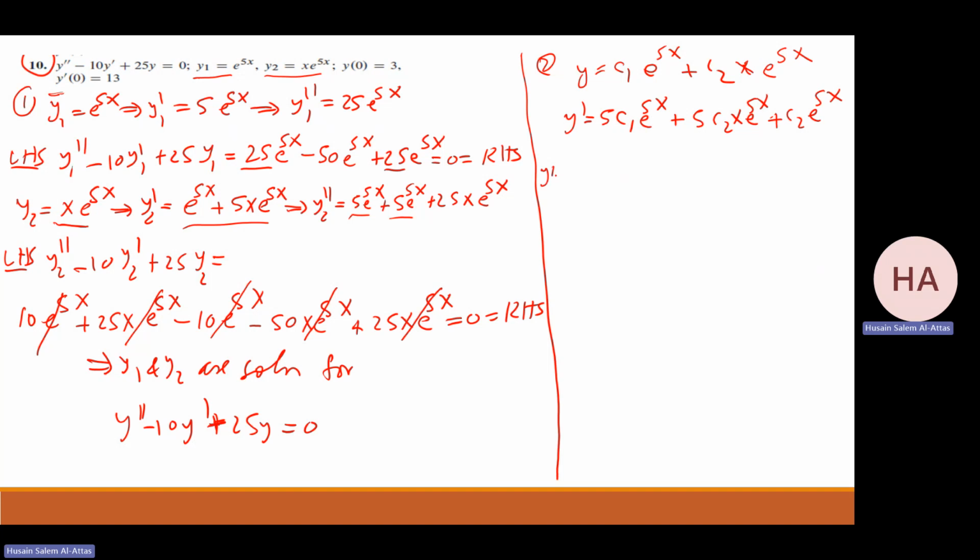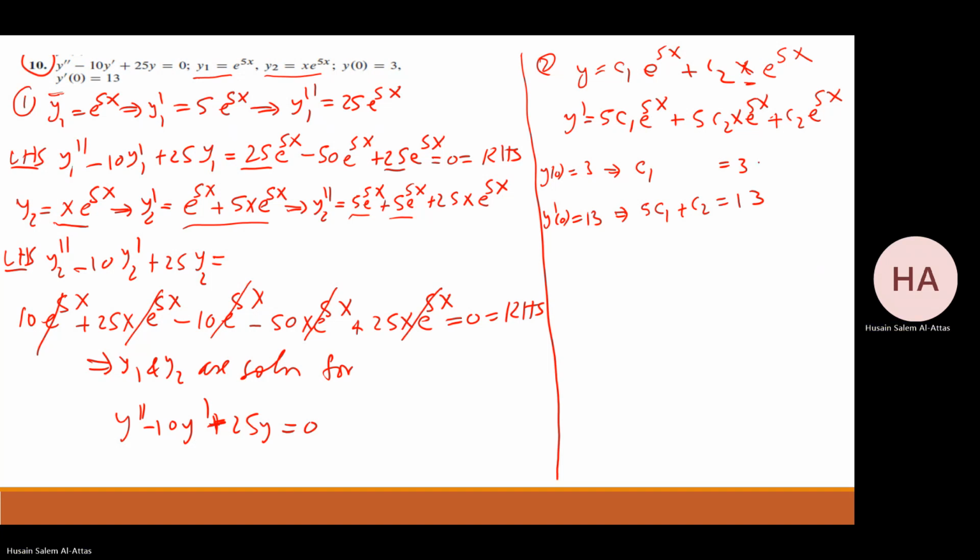Okay. Y at 0 equals 3. That implies c1 equals 3, but this will be 0. Y prime at 0 equals 13. So I have 5c1 plus c2 equals 13.